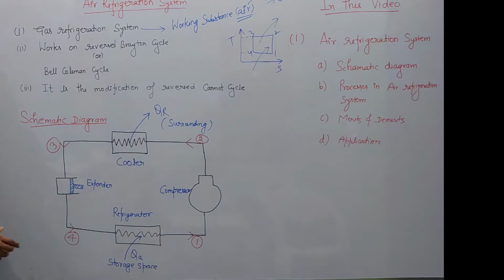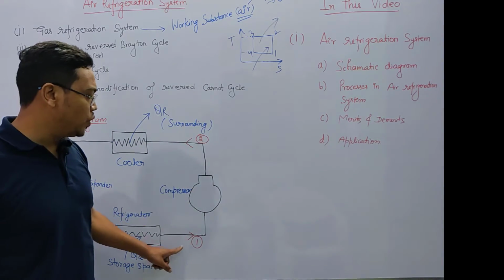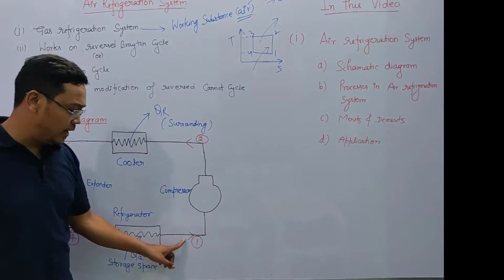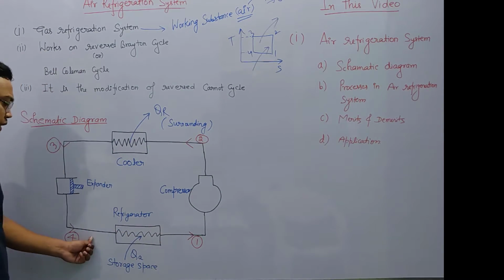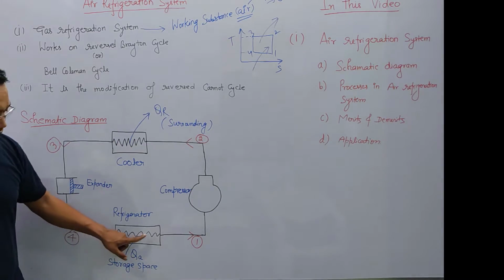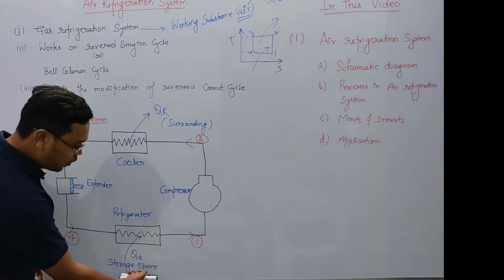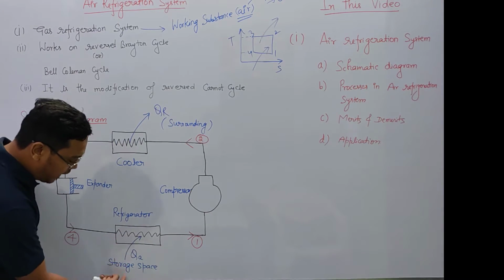See here, this is the schematic diagram. In this diagram, process 1 to 2. Okay, let's start from here, this point. First, air will go into the refrigerator. From the storage space, air will take heat.